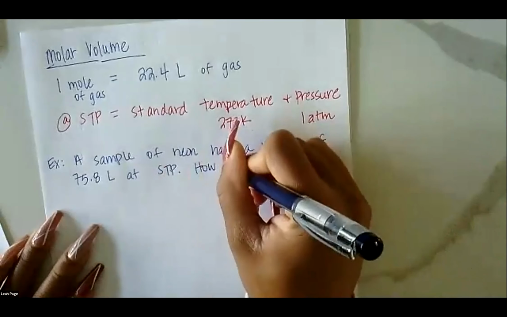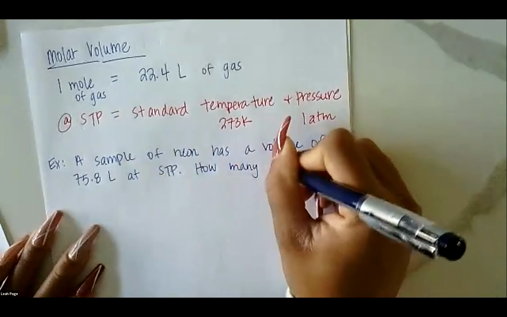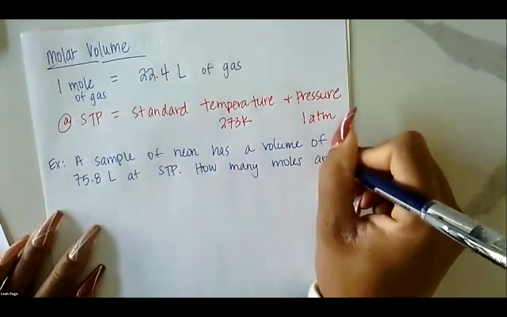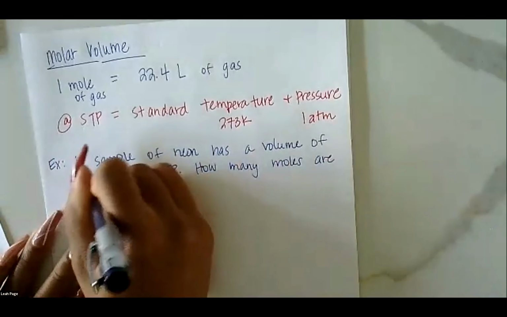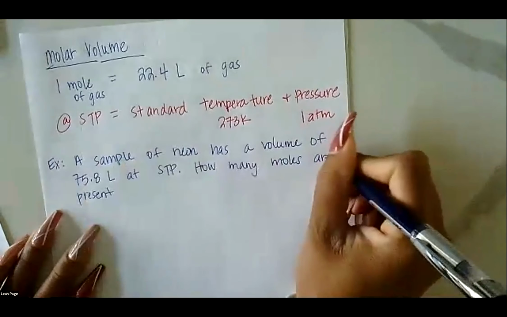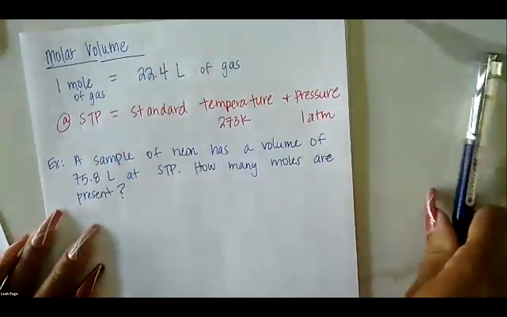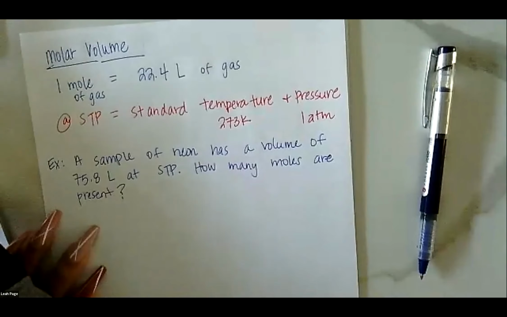How many moles are present? This is the question. The answer is 3.38. All right, but before we just call out the answer, let me talk through the question.